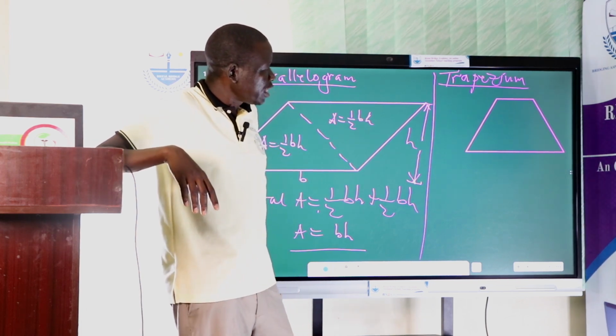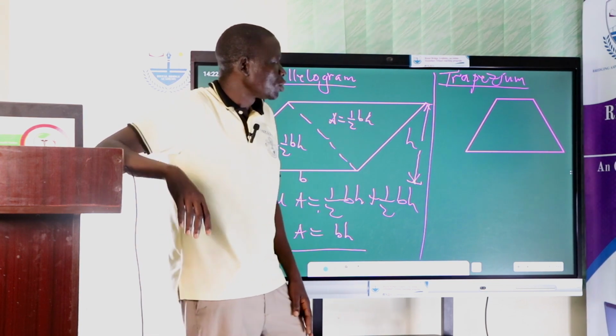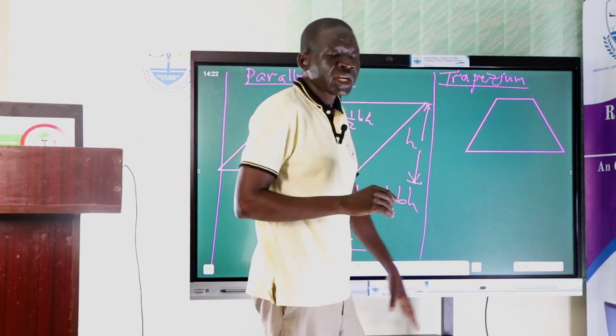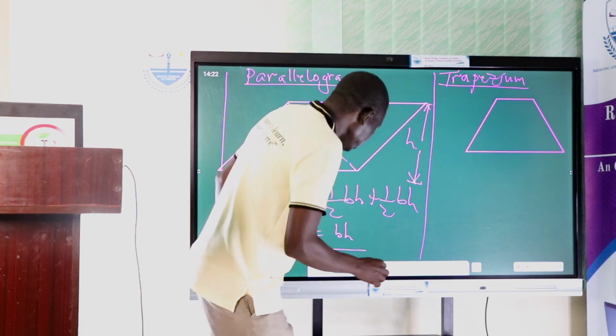Now, to find the area of the trapezium, we need to know the height first of all, and then the parallel sides.